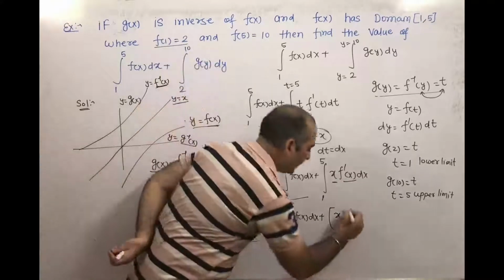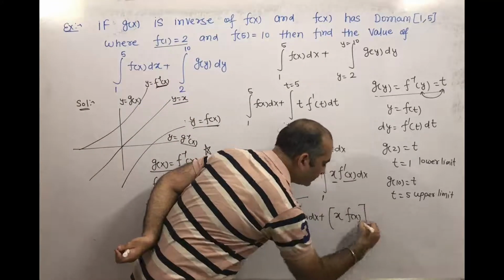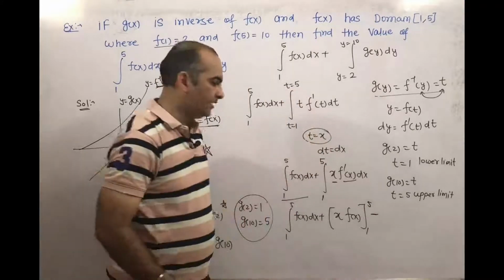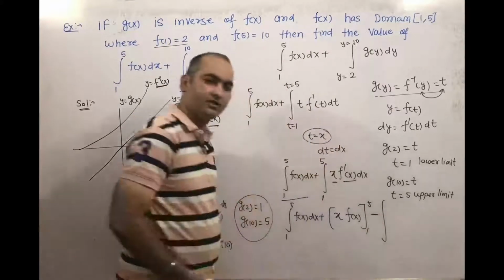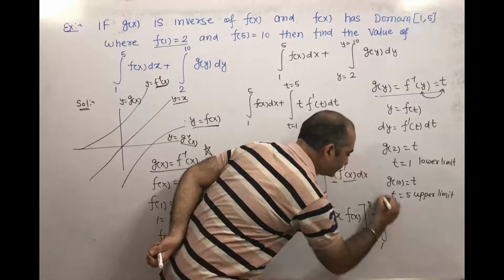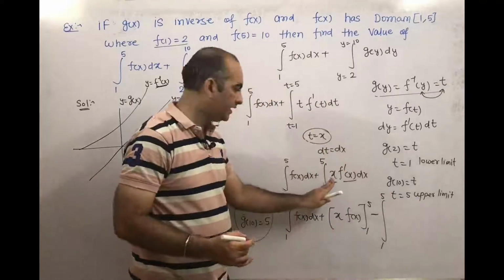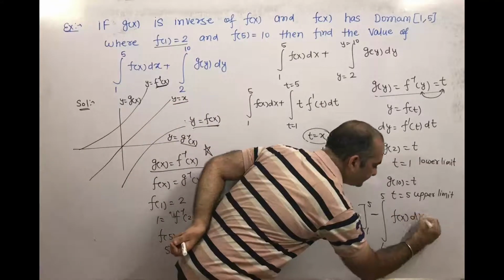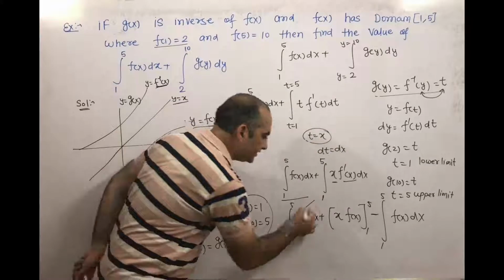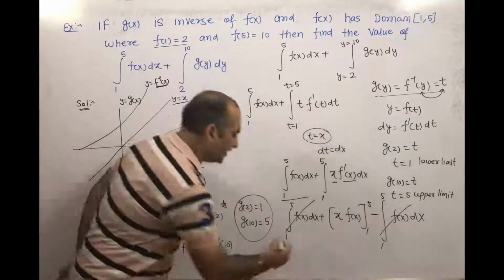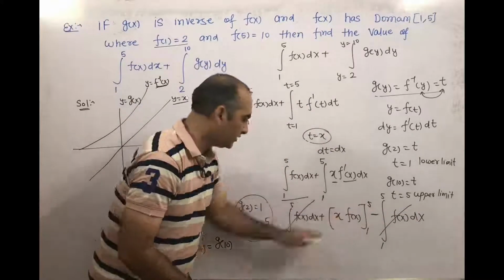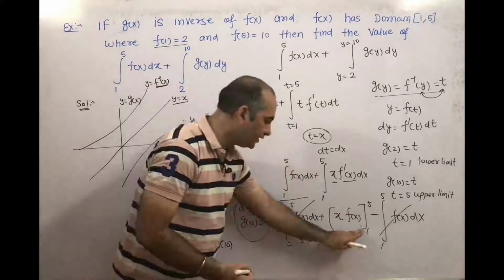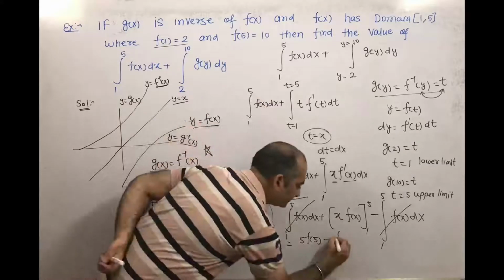So this will come f(x), then you have to put limit 1 to 5, minus integration 1 to 5, x differentiated is 1, and integration of f dash x is f(x) dx. So here you can see this is getting cancelled. If I put here 5, 5 into f of 5 minus, if I put here 1, 1 into f of 1.